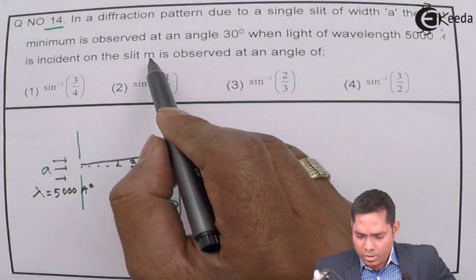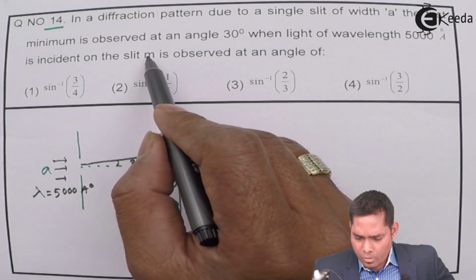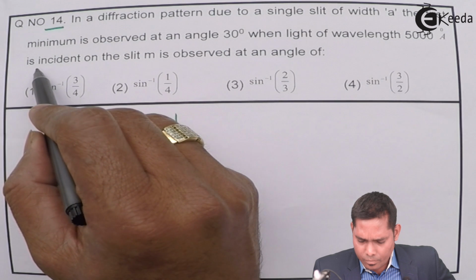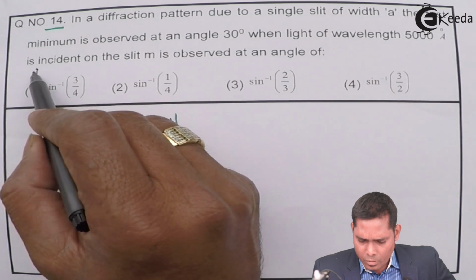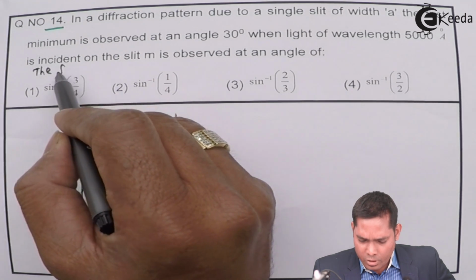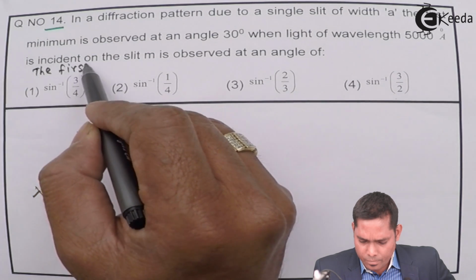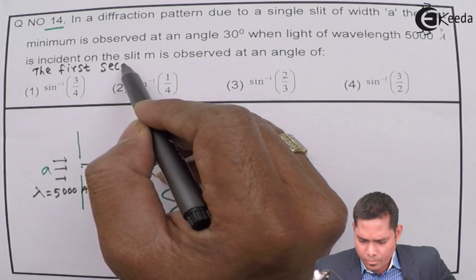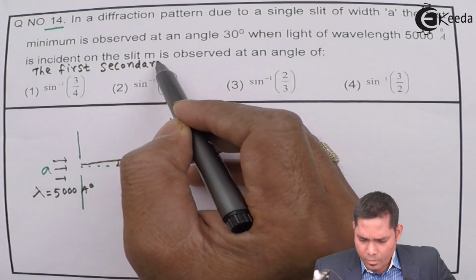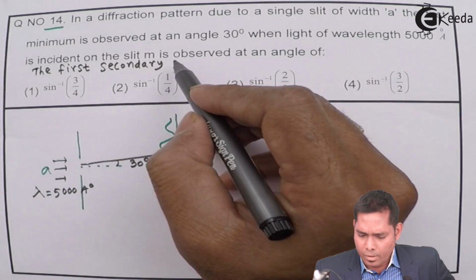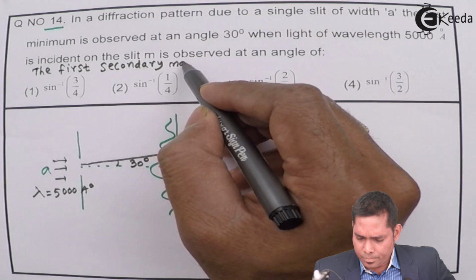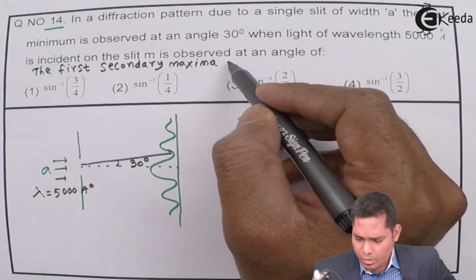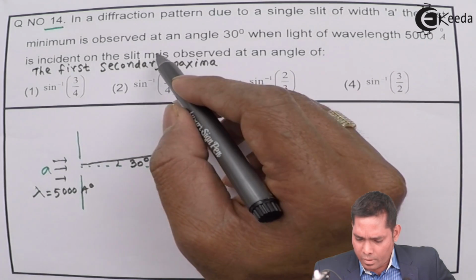Here the question is where the first secondary maxima is observed.